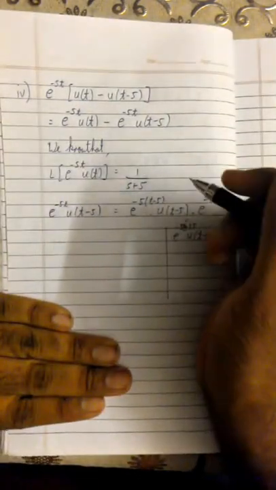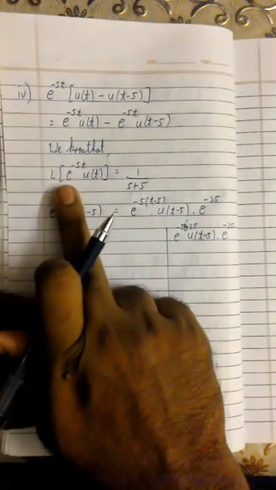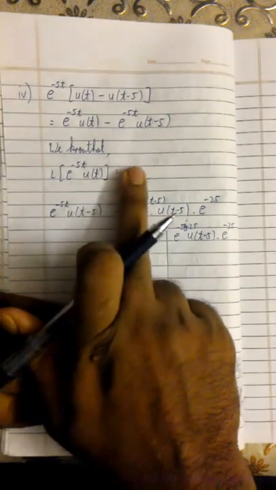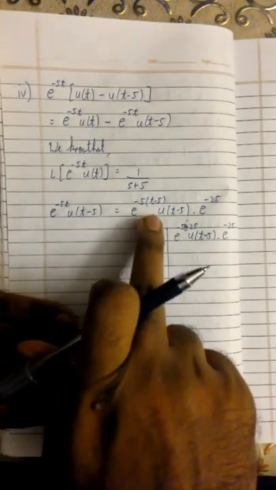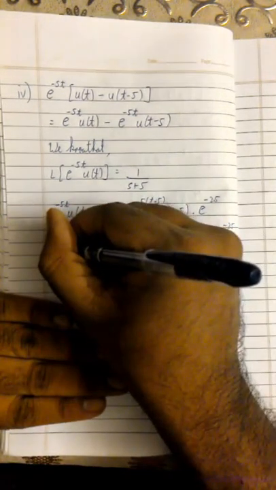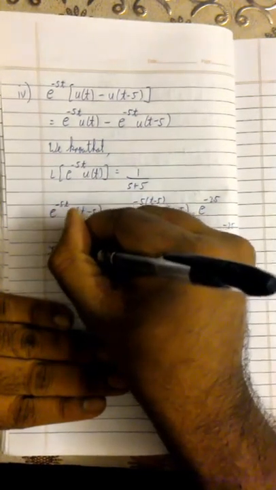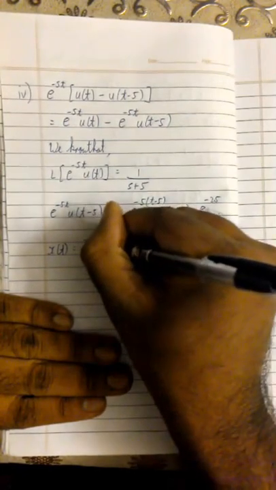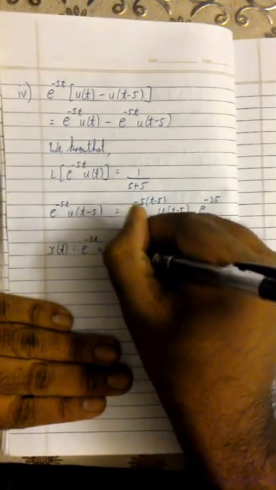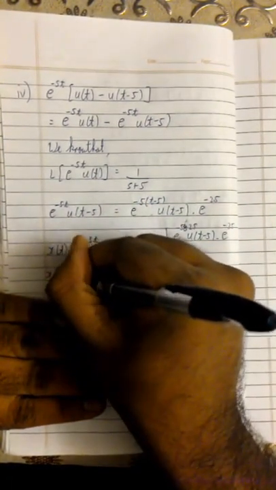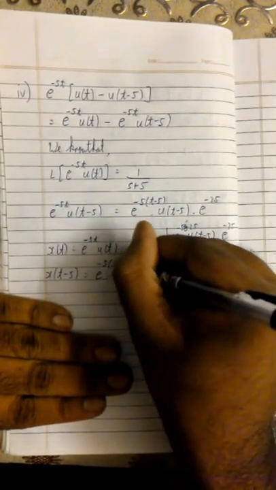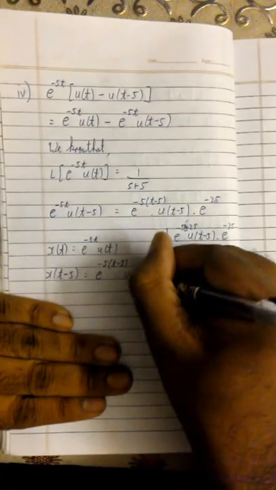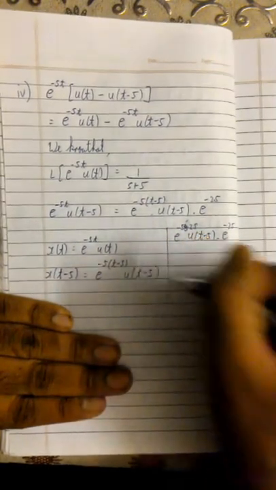So we know that the Laplace transform of e raised to minus 5t u of t is equal to 1 by s plus 5. Likewise over here, if I apply the time shifting theorem, here x of t is equal to e raised to minus 5t u of t, then x of t minus 5 is equal to e raised to minus 5 of t minus 5 into u of t minus 5.